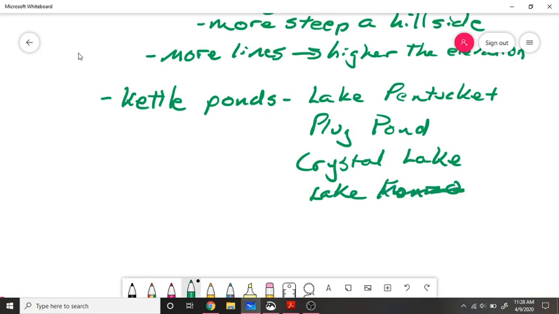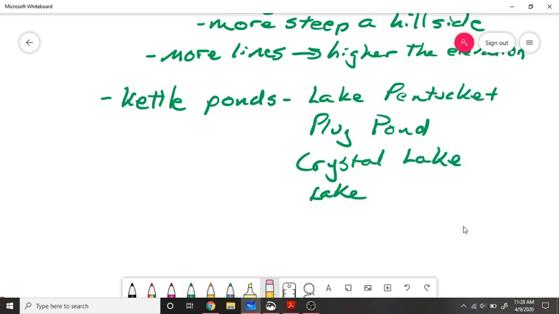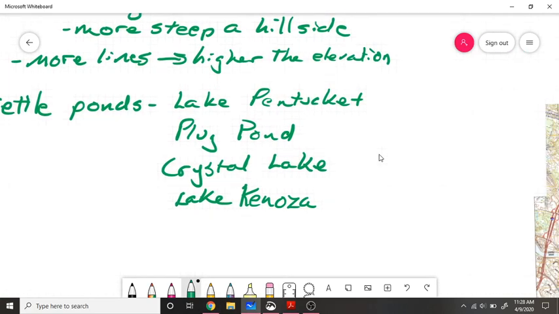Whoa, sorry guys, Kenoza. That was spectacular. These are just to name a few of the kettle lakes in Haverhill. Lake Pentucket, you might also know, is Round Pond.